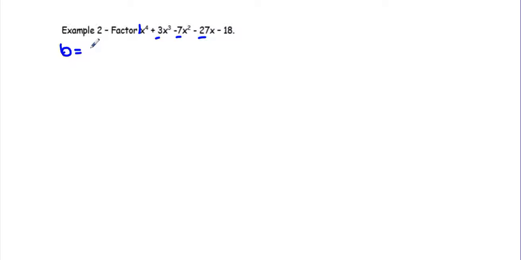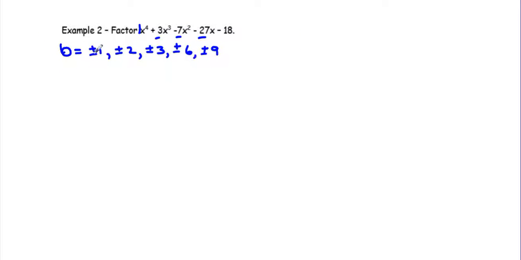So it's going to be plus or minus 1 is a factor of -18. Plus or minus 2 is a factor of -18. Plus or minus 3 is a factor. Plus or minus 6 is a factor. And plus or minus 9. These are all possible factors of this polynomial function.